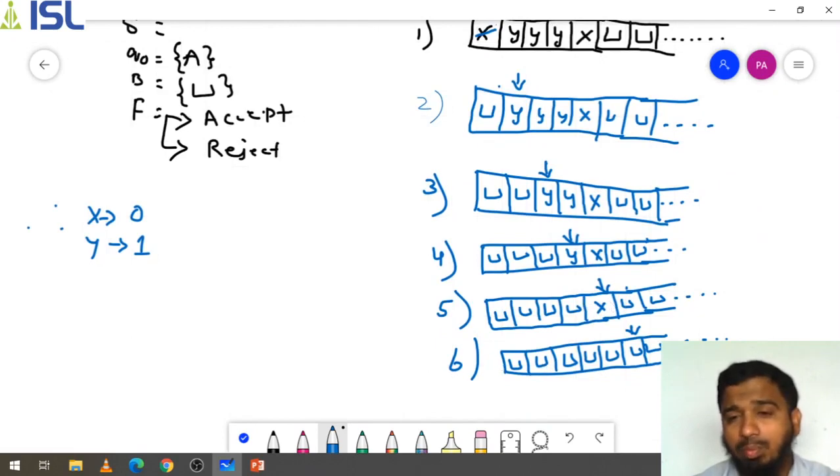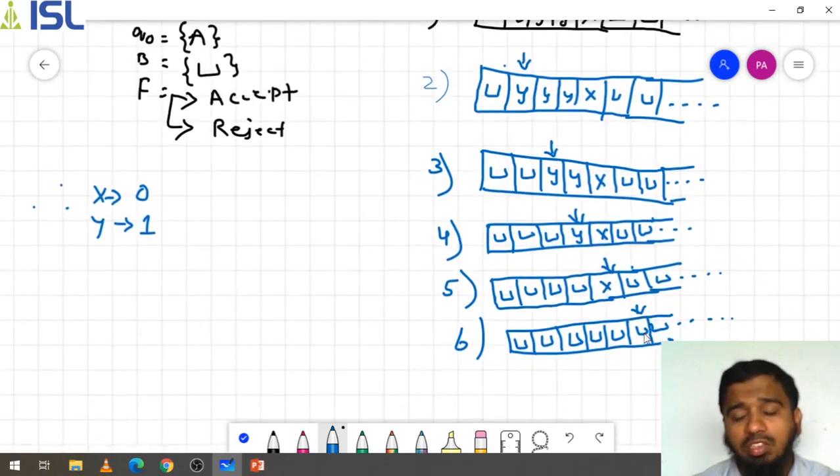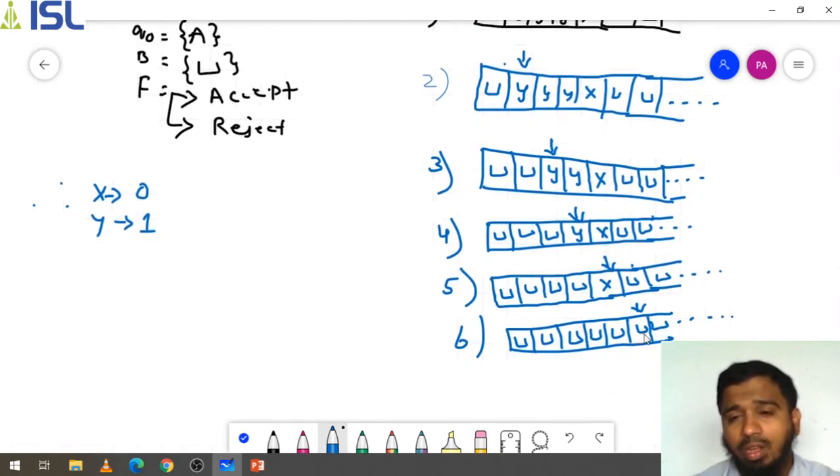Sixth step I got on the sixth one, and the sixth one my alphabet is blank. So, that means whatever the input values were present in the tape, that is completed, rest of the things are infinite. So, this is accepted.